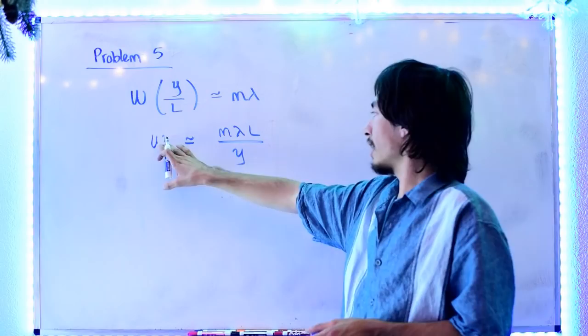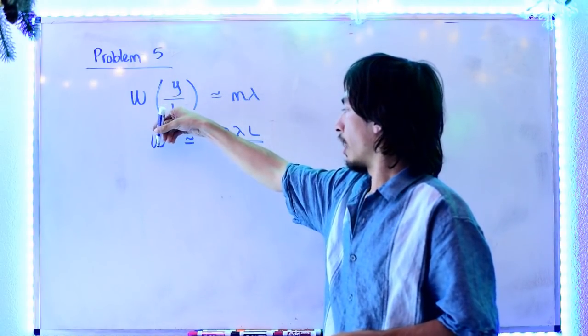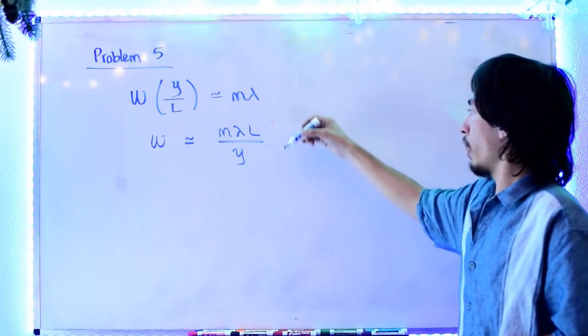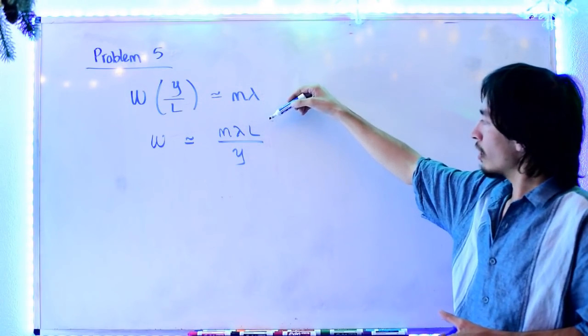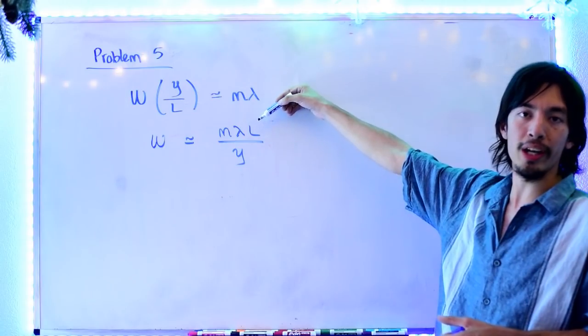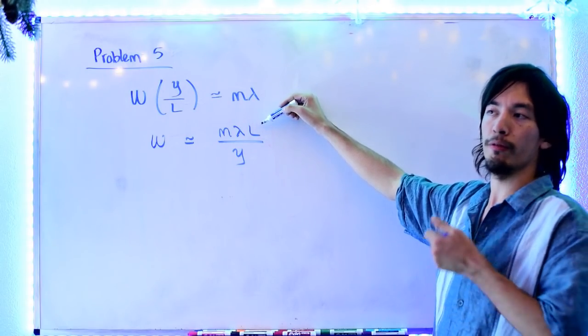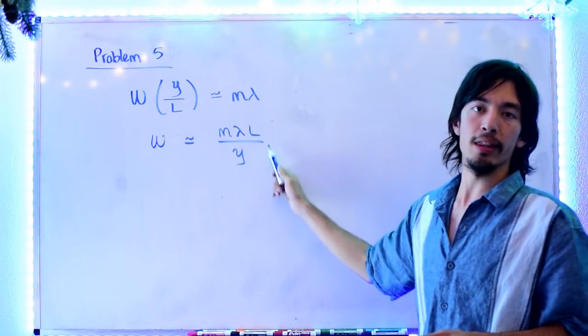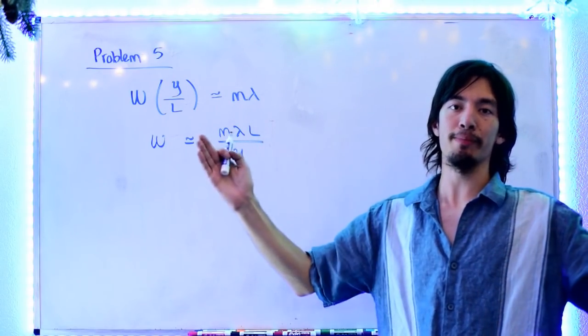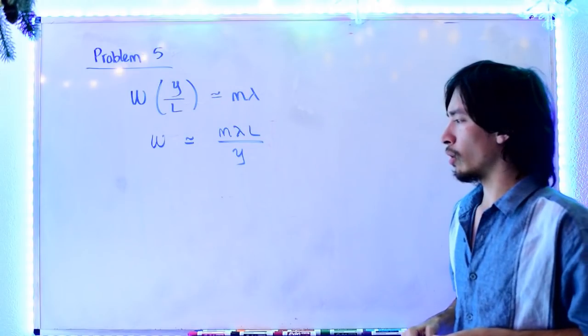So how could I get my width to decrease? So it would either correspond to a decrease in the wavelength, a decrease in the distance between the viewing screen and the slits, or an increase in the y value. In other words, the pattern expands along the wall.